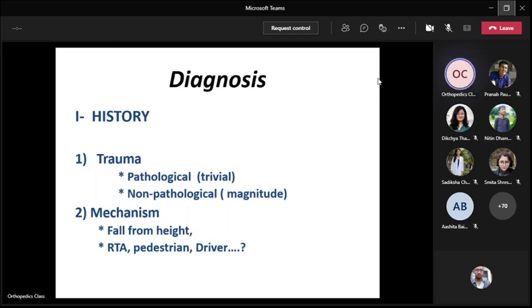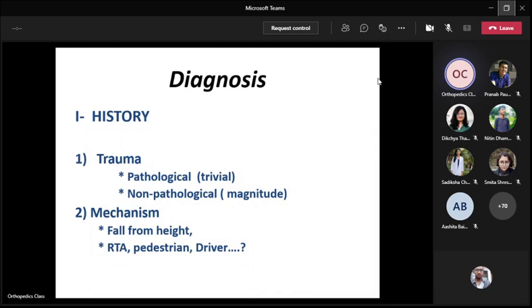So in history of trauma, whether it is pathological or non-pathological, you have to rule that out. In young patients particularly, it's most of the time non-pathological, traumatic conditions. In elderly patients or those with previous disease or cancer, they produce pathological fractures. From history only, how it happened, how much force, that will guide you about the problem.